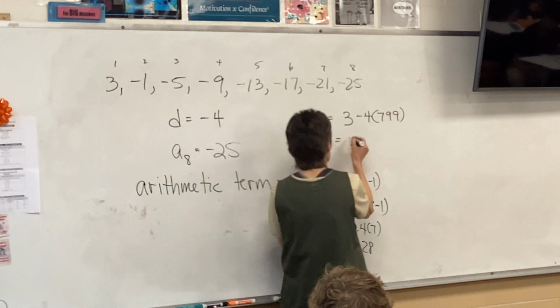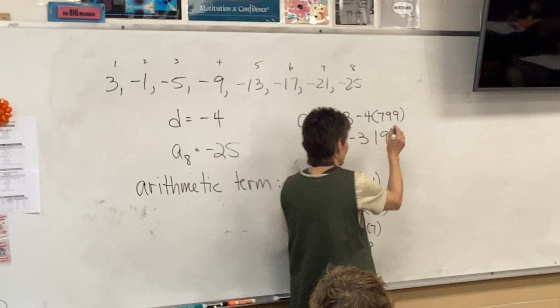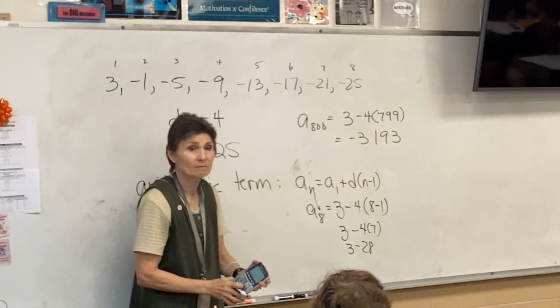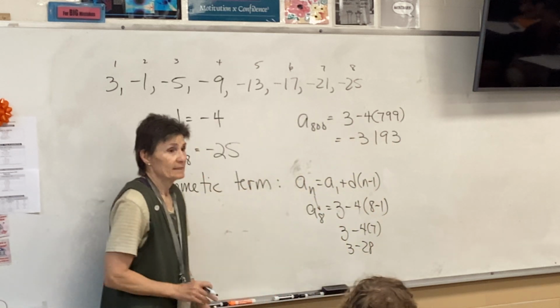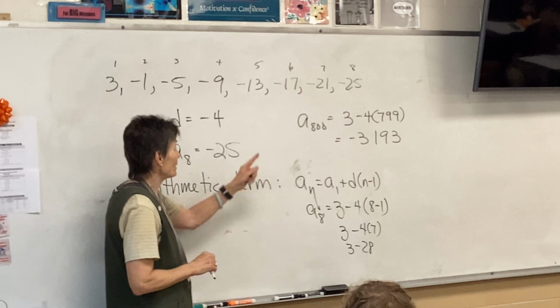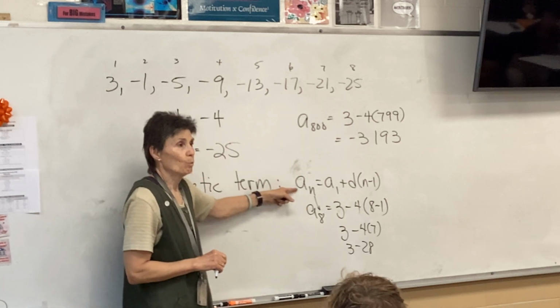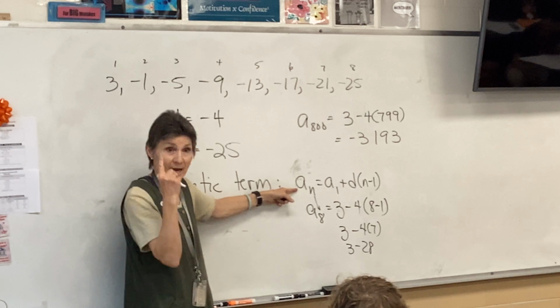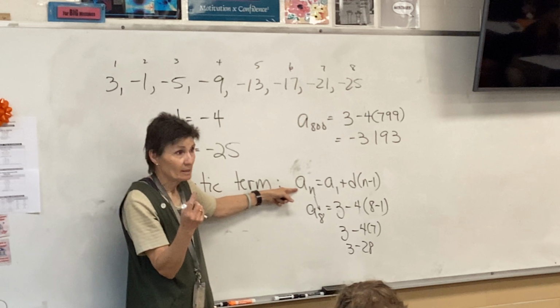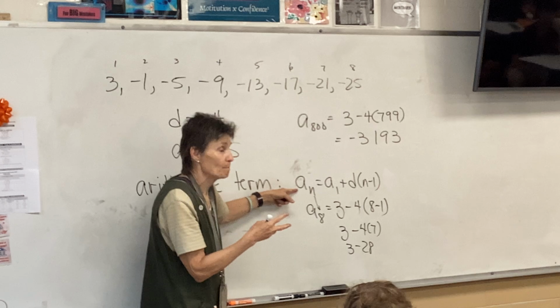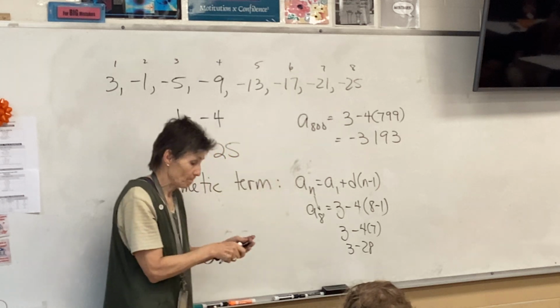And it's -3,193. See how fast that was? It's easy. So when are we using this formula? When we are dealing with arithmetic sequences and we want to find a term. Okay.